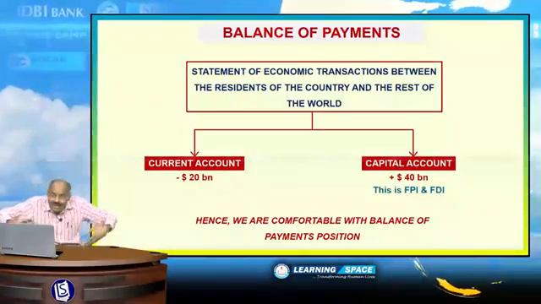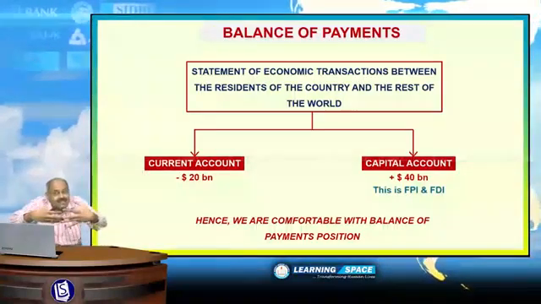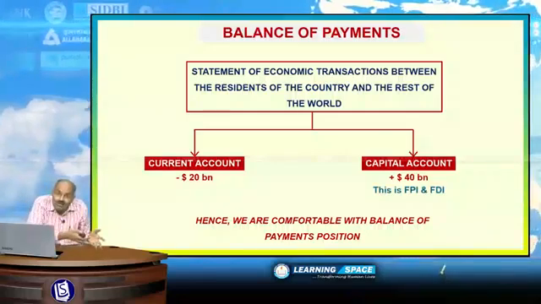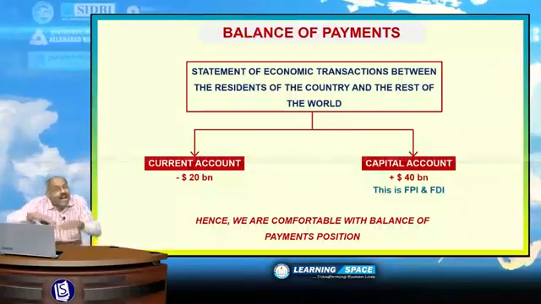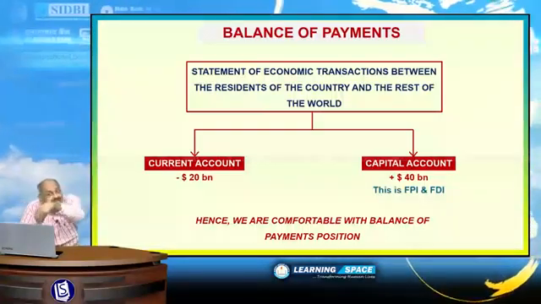The residents of India with the rest of the world, the financial transactions, is balance of payments. It includes current account, which we have discussed just now, and capital account. Capital account is predominantly FPI and FDI.